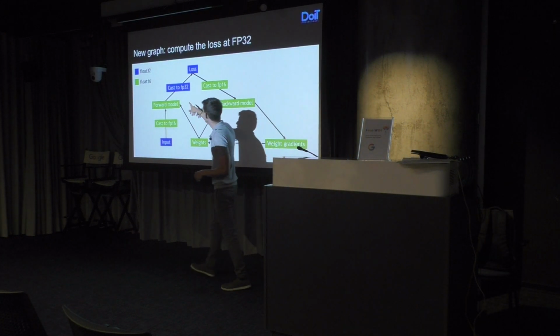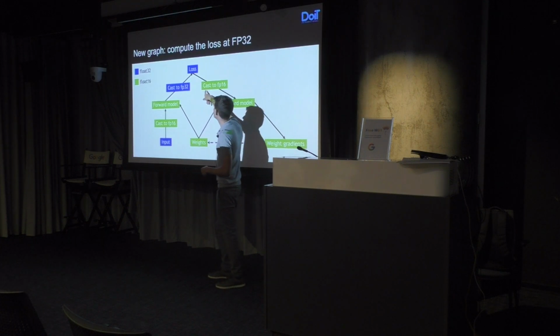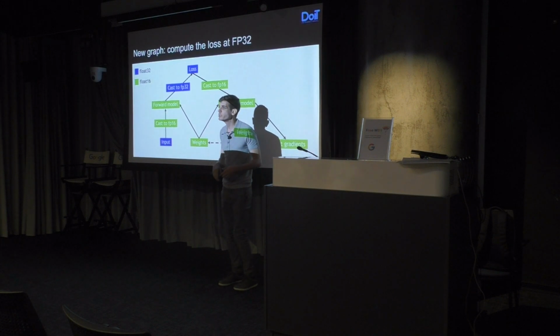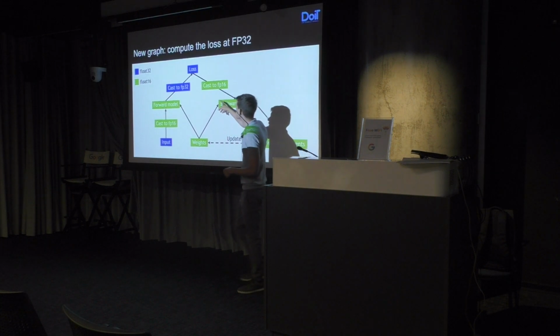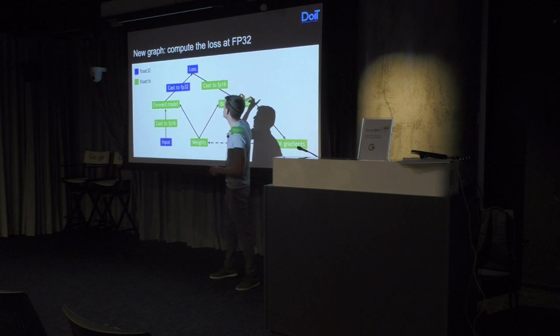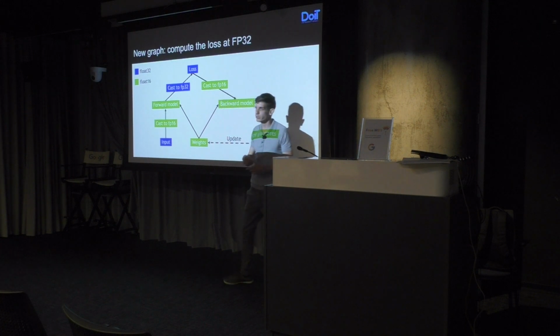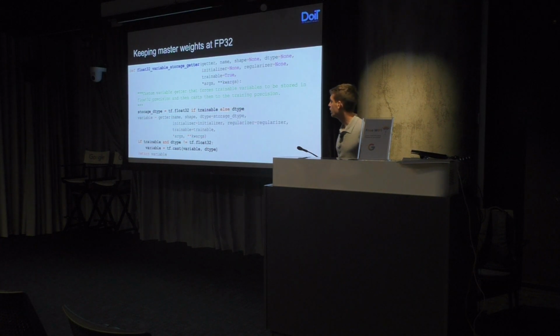I'm doing the casting before I'm calculating the loss, but then TensorFlow would automatically add another cast, because this and this refer to the same variables. So immediately it would cast back to floating point 16 after the loss is computed. So it's kind of an improvement toward what I wanted to do in the first place.